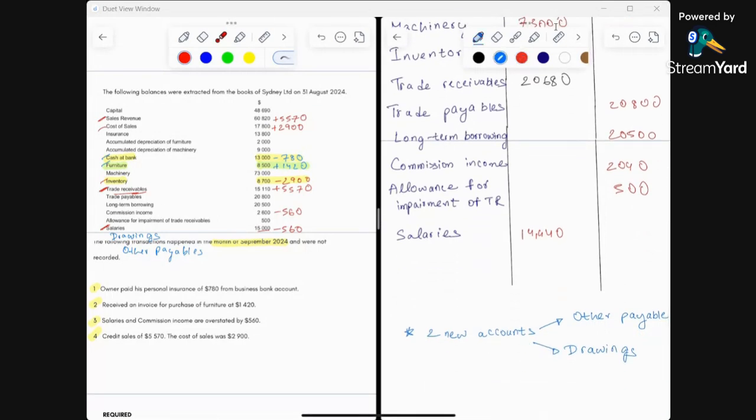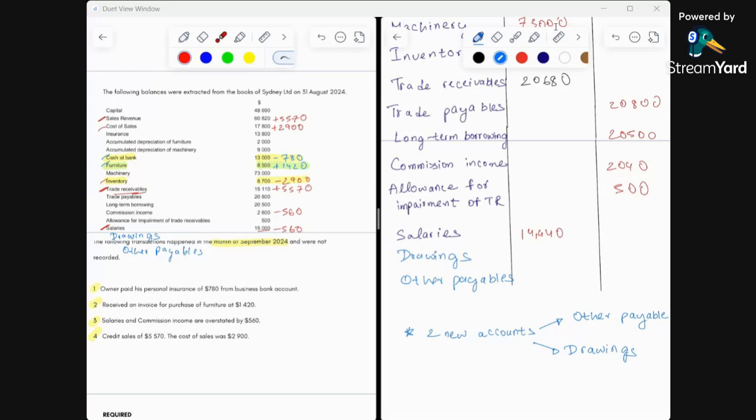Then we will show the two new accounts which we have got. Let's not forget those. We've got drawings, and then we've got other payables. We understand that drawings by default are always debited, and the logic is that drawings reflects a reduction in owner's equity or owner's capital. Capital, as we know, is always credited. So now that we have a reduction in capital, which is stored in a drawings account, it is obviously to be debited.